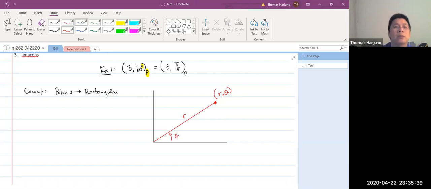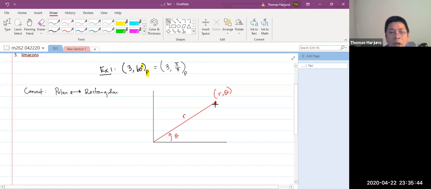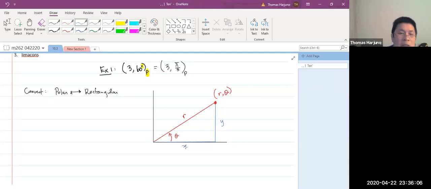Now, when we try to see this from the rectangular coordinate system, you will see that this guy here is the y, and this guy here is the x. Now, what's the relationship between this x and y and r and theta?